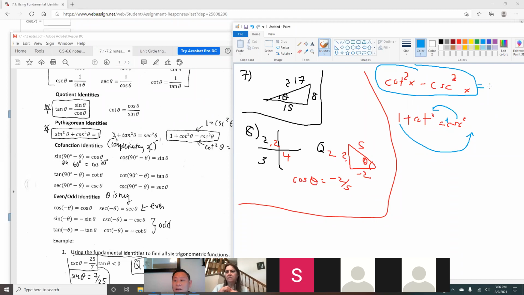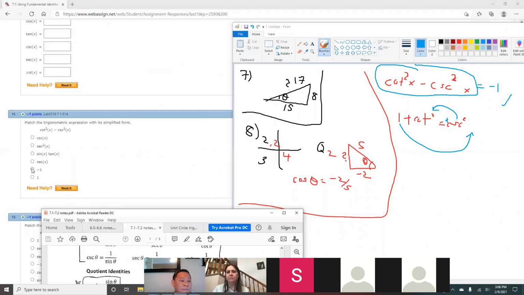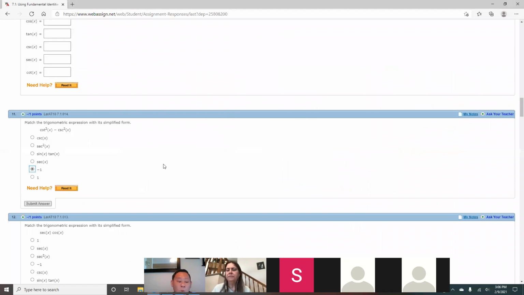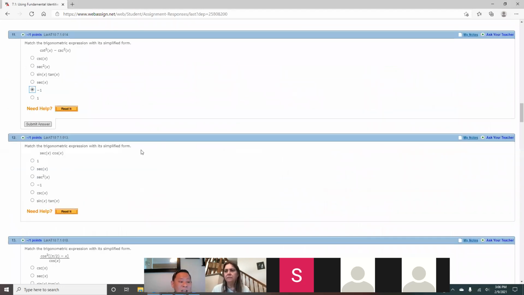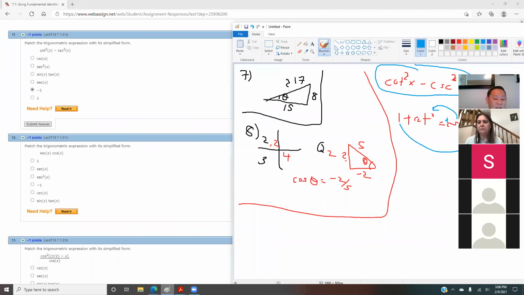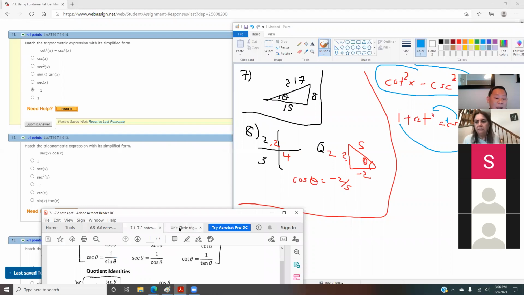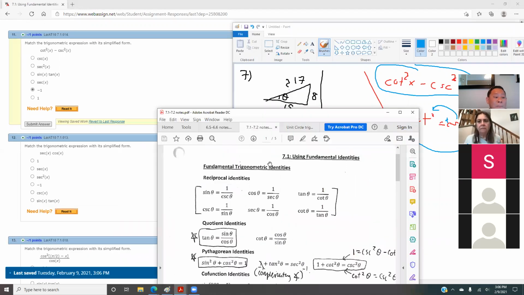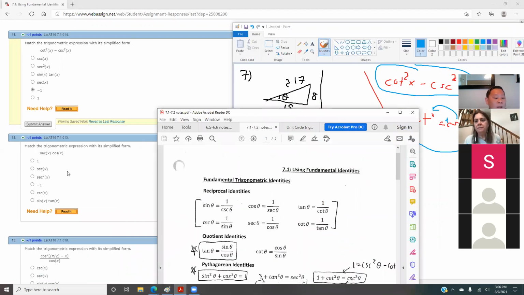Negative 1. So your answer in this case is negative 1. What is going on here is that they want you to use the identities you learned and apply them.